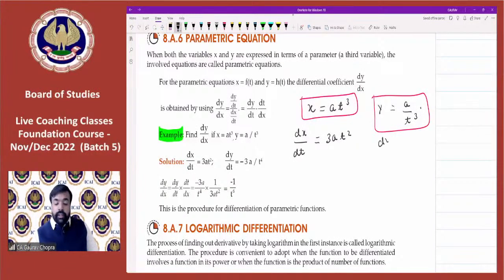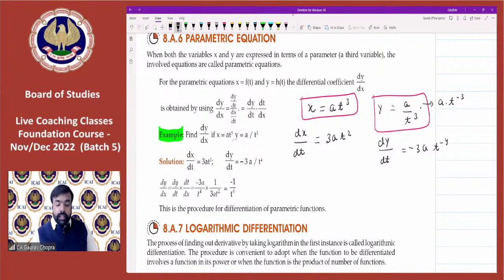For y, we can write dy by dt is equal to... the equation can also be written as a t to the power of minus 3. So minus 3 will come forward, a will remain as it is, and t will have a power of minus 4. Now, finally, we have to find dy by dx.